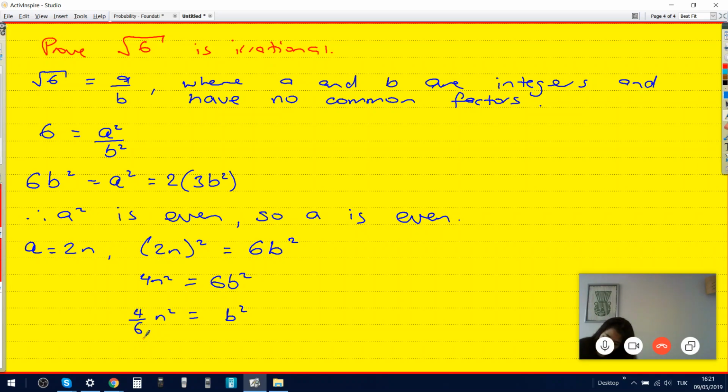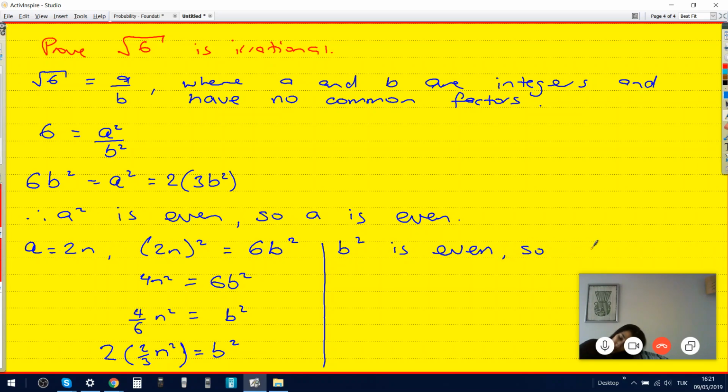So 2/3 n squared equals b squared. What does that tell you? That b squared is even. Therefore b is even.